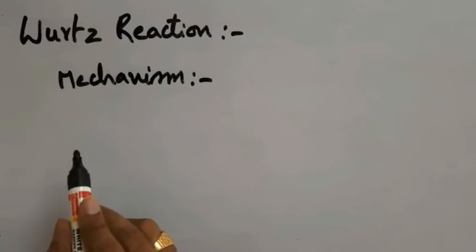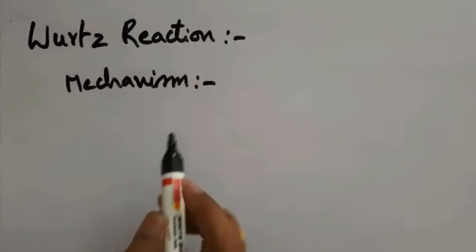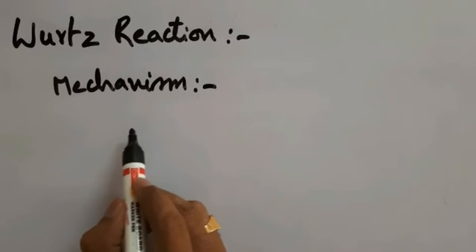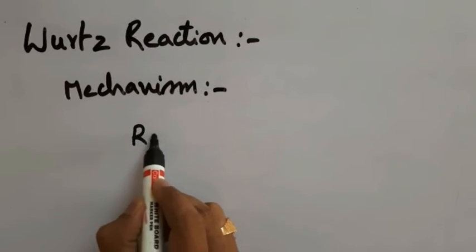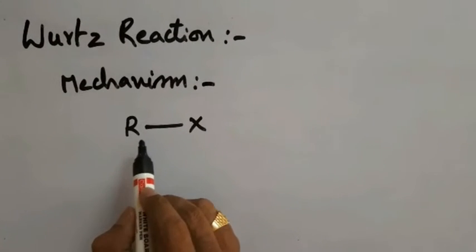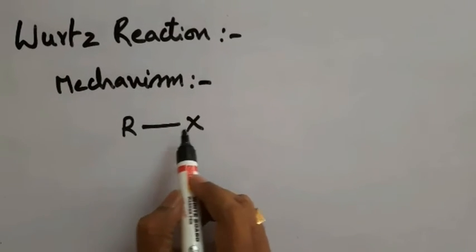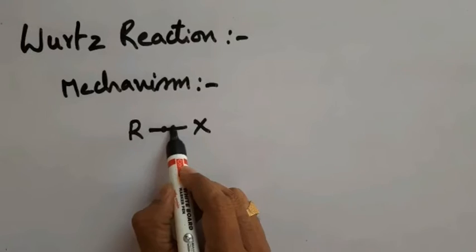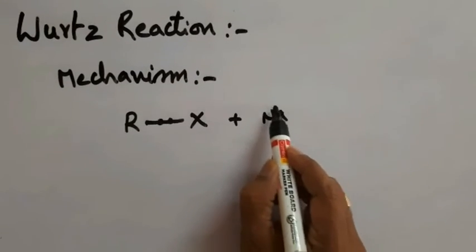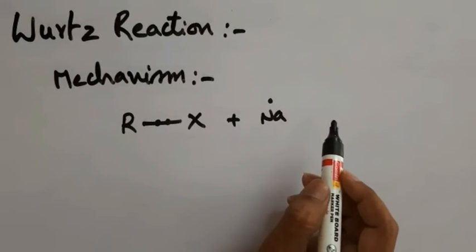When we look at the mechanism of Wood's reaction, it also involves a free radical mechanism due to sodium metal. An alkyl halide molecule is taken. We know pretty well there is a single bond between the alkyl group and halogen group. A bond means 2 electrons. I have taken sodium metal which contains only 1 electron in the valence shell.